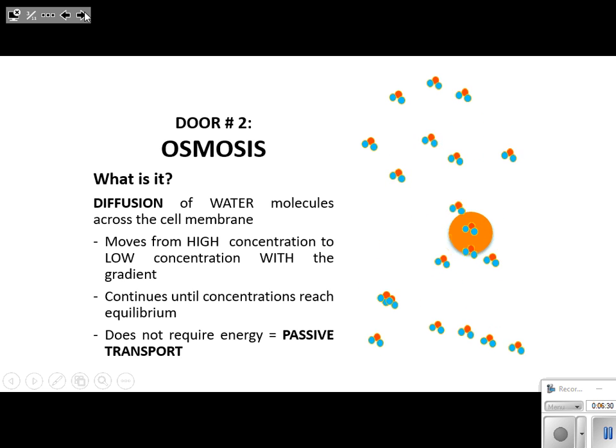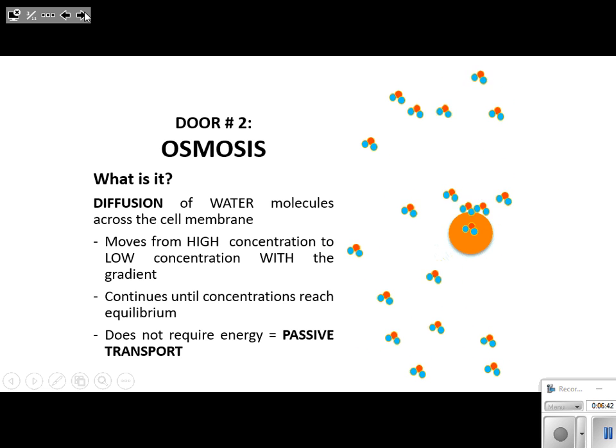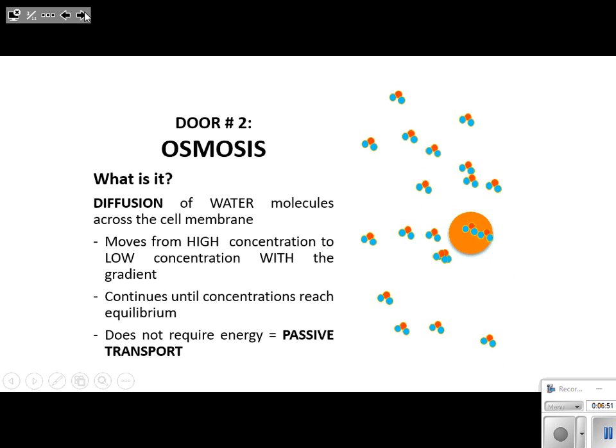No energy is required. So the diffusion of water from a high concentration to a low concentration until equilibrium is met is what we call osmosis. And once again, like I said, osmosis is passive transport.